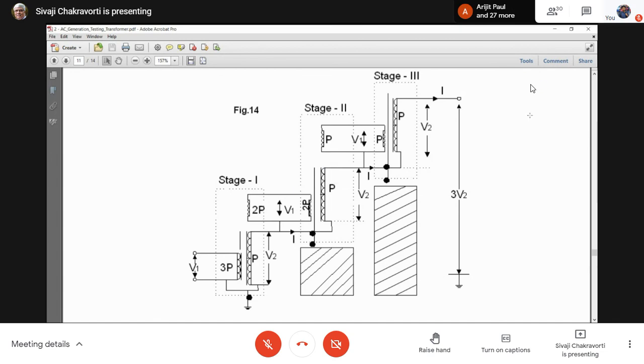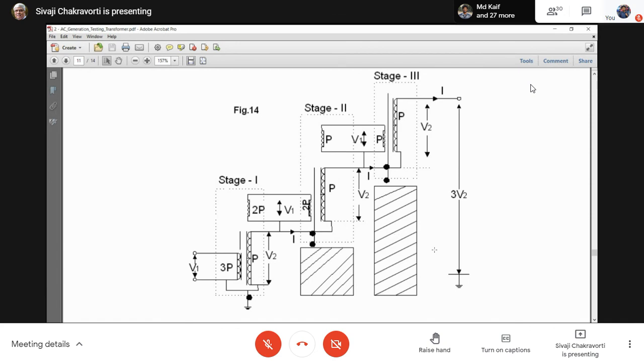P is V2 into I. So the primary of stage 3 will have KVA rating P because primary and secondary KVA must be the same. This is the basic transformer law. Now this primary is getting the power from the tertiary of stage 2. So the tertiary of stage 2 will have a KVA rating of P. What about the secondary?